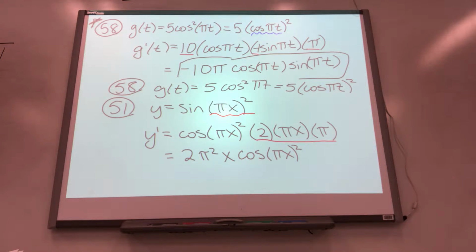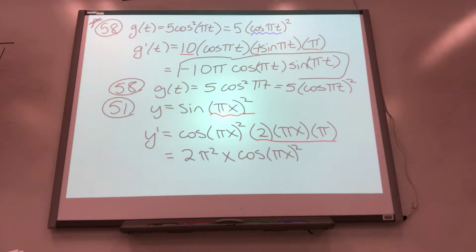So with 53, you hopefully use the product rule, 1d2 plus 2d1. You can leave that as -2 sine squared of 2x plus 2 cosine squared of 2x. If you want to pull something out front, you can, but again, -2 sine squared of 2x plus 2 cosine squared of 2x.